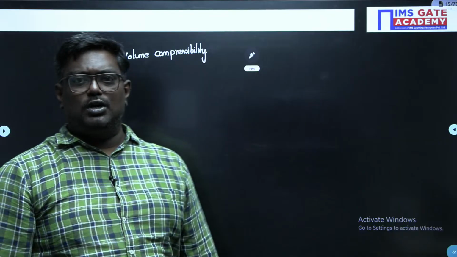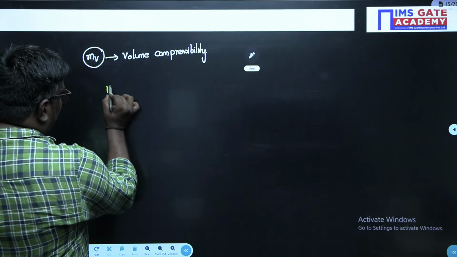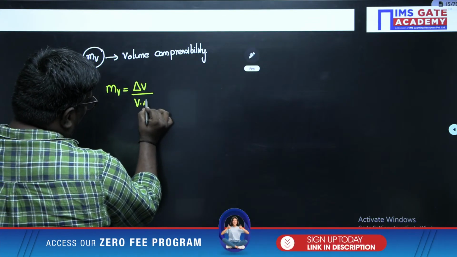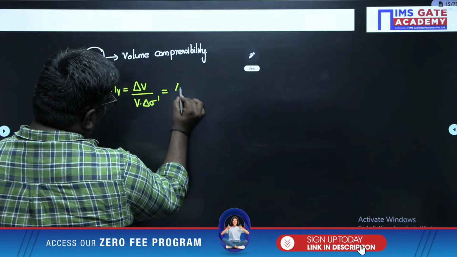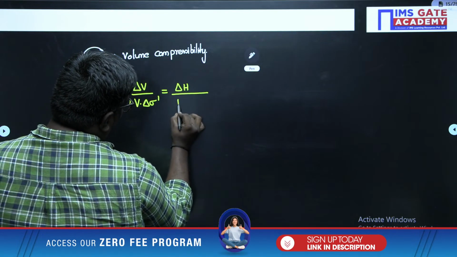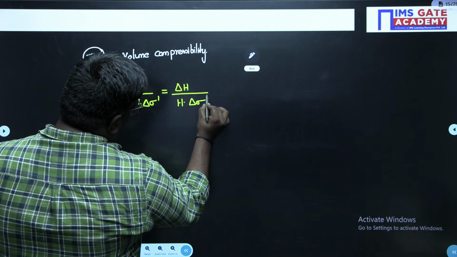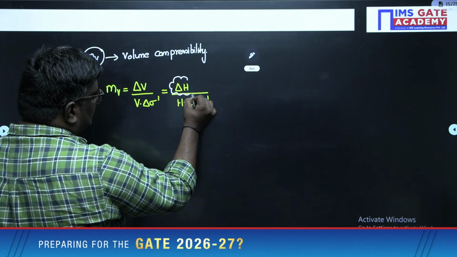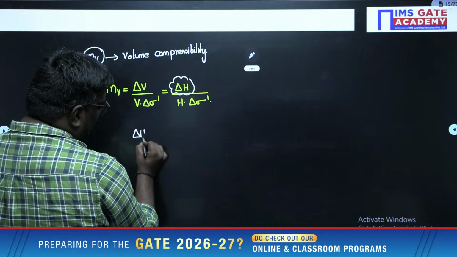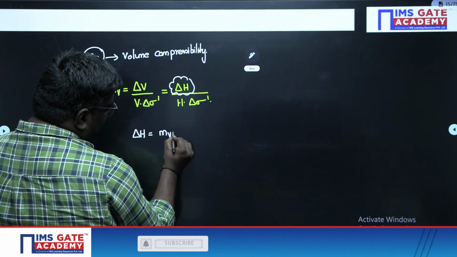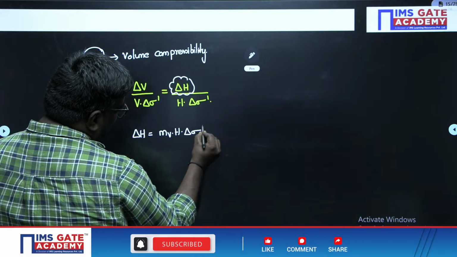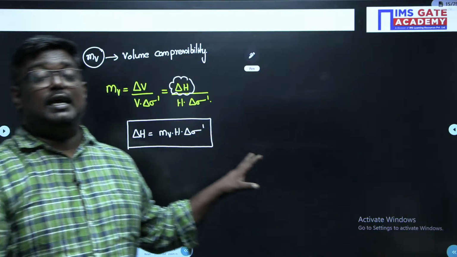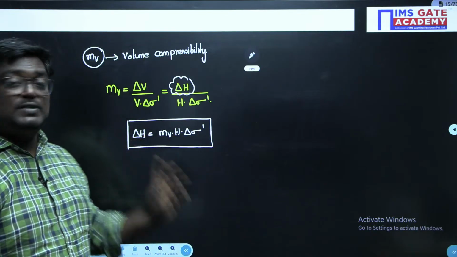If they ask you what is volume compressibility, MV is equal to delta V by V into delta sigma dash, or that can also be written as delta H by H into delta sigma dash. Agree, my dear students? Here delta H is nothing but the settlement. Delta H can be written as MV into H into delta sigma dash, where delta sigma dash is the overburden pressure. This is the second way to solve problems related to settlement.